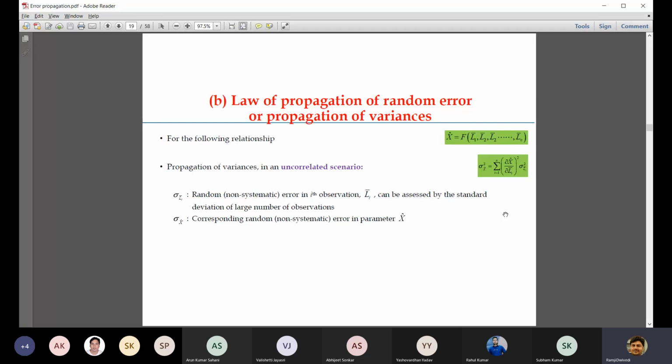We are moving towards an advanced level, and still you are not able to solve the very basic two-three steps which are involved.